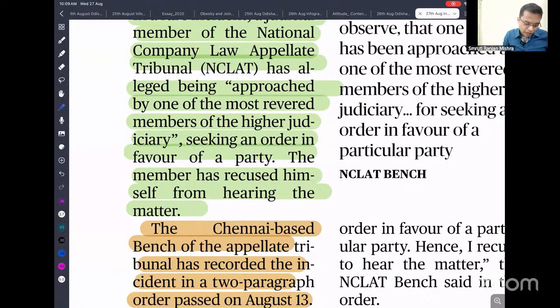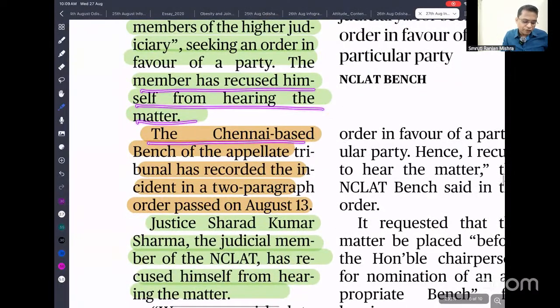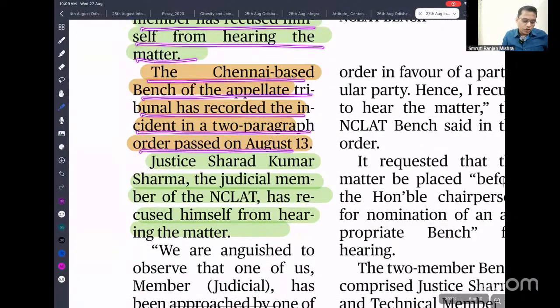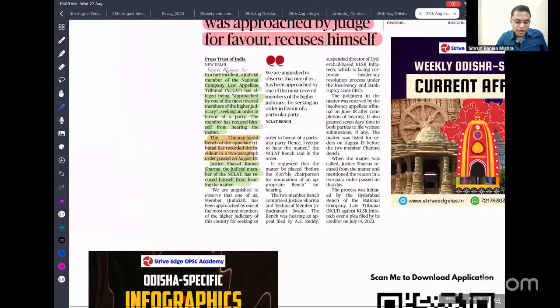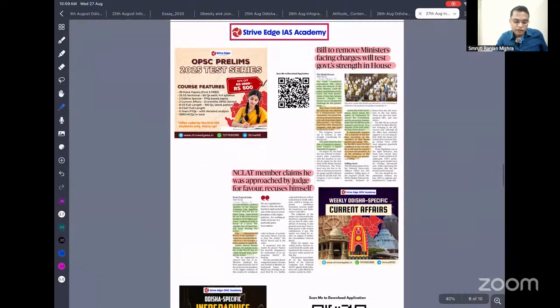So the member has recused himself from hearing the matter. The Chennai bench of the appellate tribunal recorded the incident in two paragraphs, on August 30. So we need to seriously investigate this matter, and whosoever it may be, whatever the power, they need to be punished very strictly, so that no one should dare to commit such kind of things. Na?